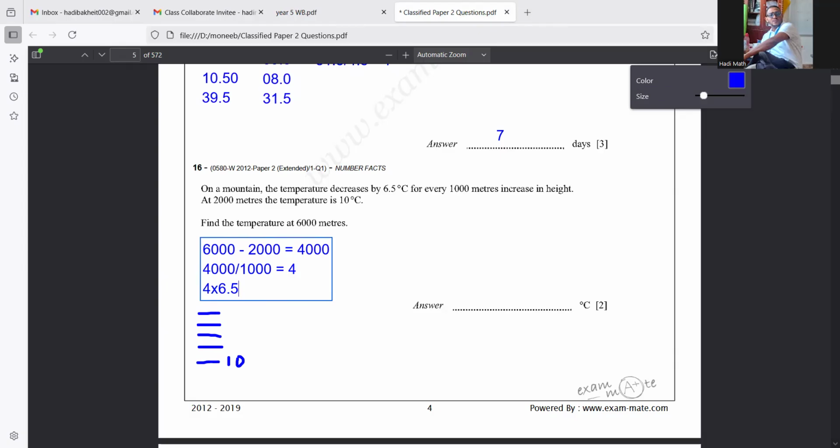So that equals 26. Then the temperature will be 10 minus 26, which is equal to negative 16. So your answer will be negative 16 Celsius at the height of 6,000 meters.